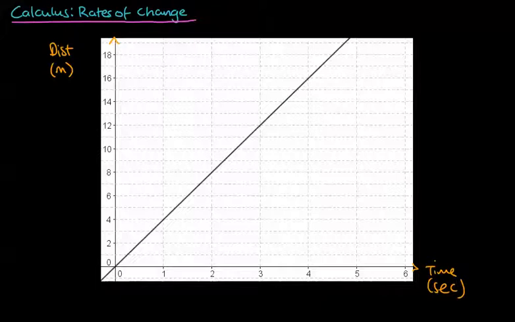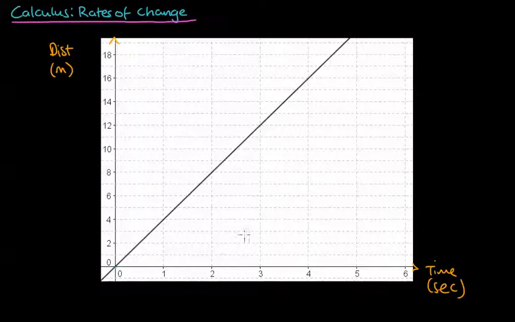At time 0, the object is 0 meters away from a starting point, and at time 5, well, I can't read quite what the value is. Maybe it's something like 20, but at 4 seconds, it is 16 meters away from this particular object.